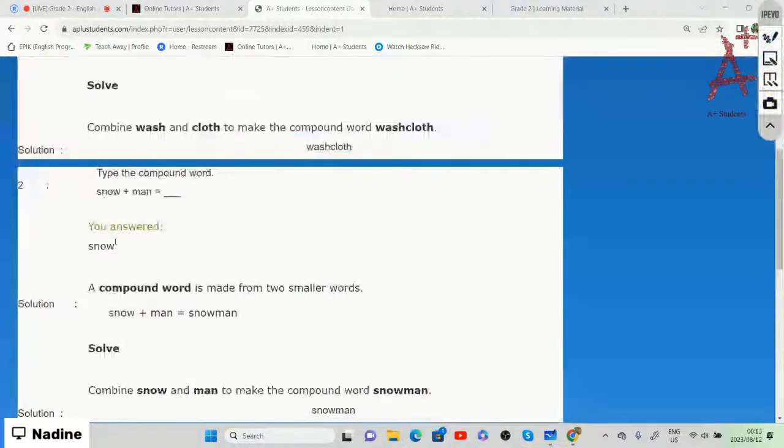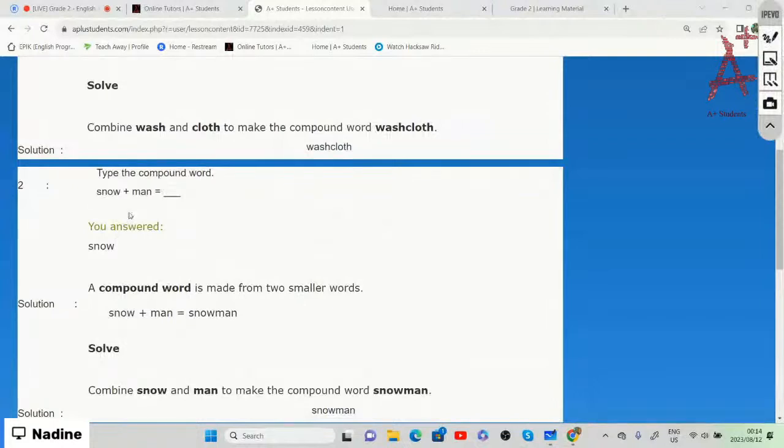Snow plus man, right? So snow is more like ice particles that are formed in the clouds, and now instead of the liquid rain coming down, it comes in the form of pieces of ice. So snow plus man.